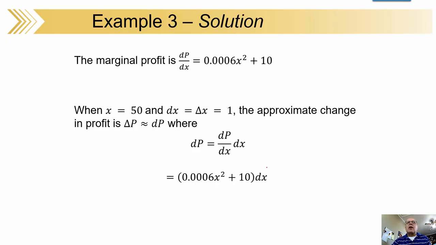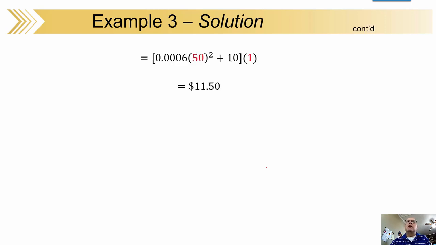So here's our expression for dP, which will be a good approximation of the delta P, the exact value. Just put the starting number in for x. This is the initial demand value. This is how much we're increasing the demand or the sales.